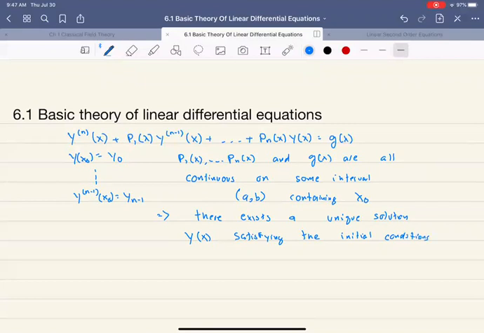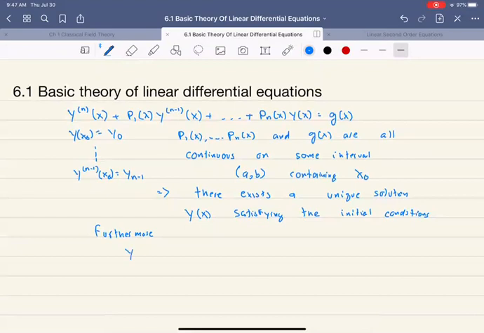Furthermore, y of x is of the form c1 y1 of x plus c2 y2 of x plus c sub n y sub n of x. Now these are not the same as these y zeros. Plus some y particular of x.